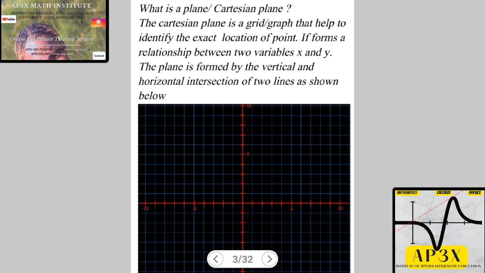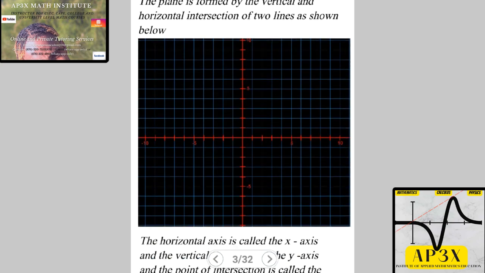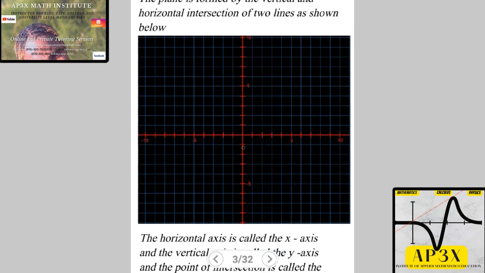So the plane is formed basically by a vertical and a horizontal axis intersecting each other. We have the vertical axis here, which is called the y-axis, and we have the horizontal axis here, which is called the x-axis.